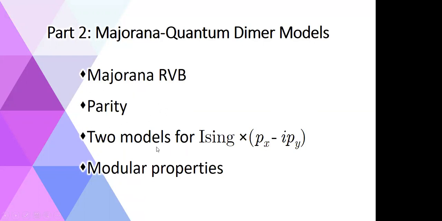And we'll see that this will give two models using these Majoranas glued to a dimer model that I'll claim realize the Ising cross P minus iP phase that has a non-abelian Ising order and gapped edges. So it has no edge modes.